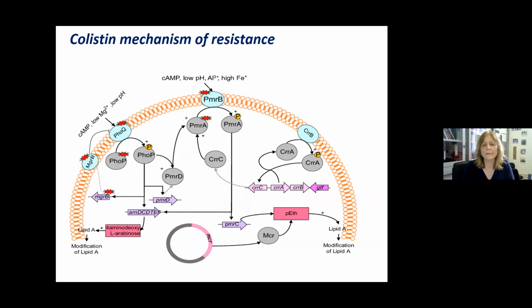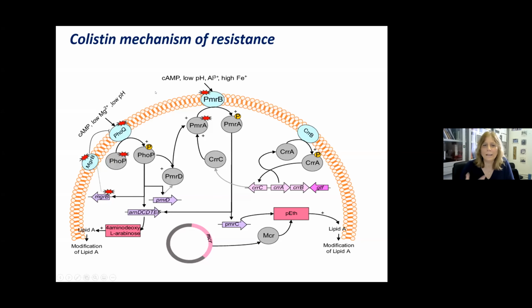The mechanism of resistance is very complex because this drug is like a detergent. It acts outside the cell and doesn't enter it, so there is no problem of entrance, but the mechanism of resistance is very sophisticated. It consists in a decoration of the LPS by arabinose or phosphoethanolamine.